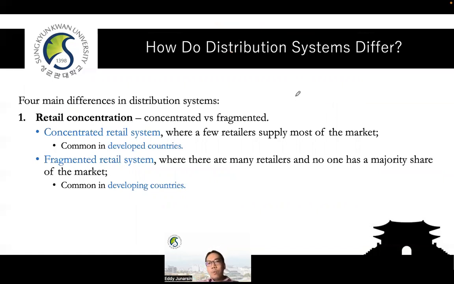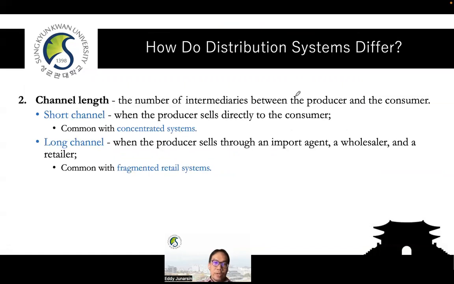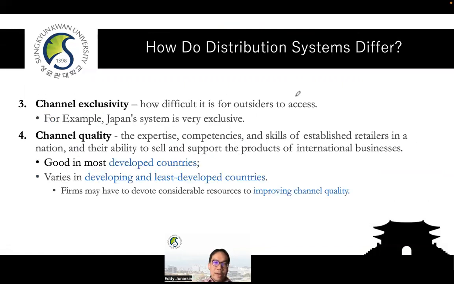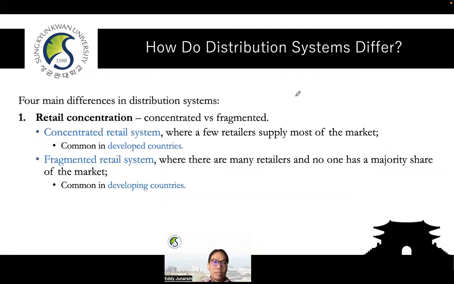So how would it differ related to the retail channel length and exclusivity, and also the quality? Let's see each of them. Again, the distribution strategy, the place strategy. So retail concentration is the first factor that would affect the choice of your distribution system.